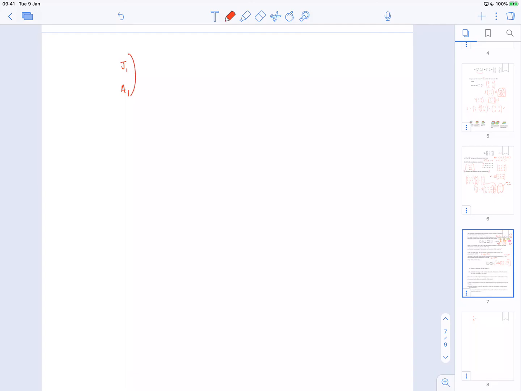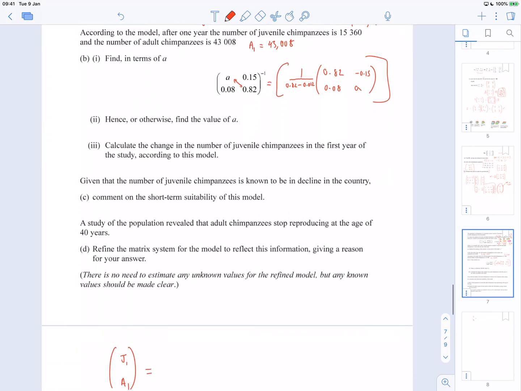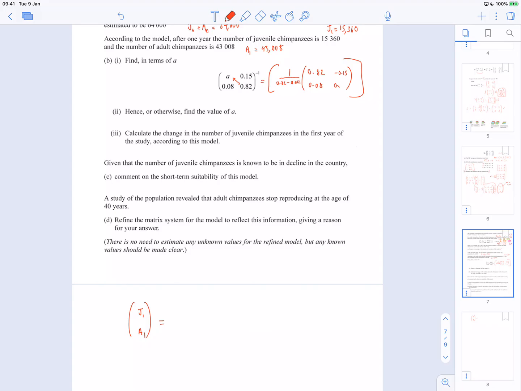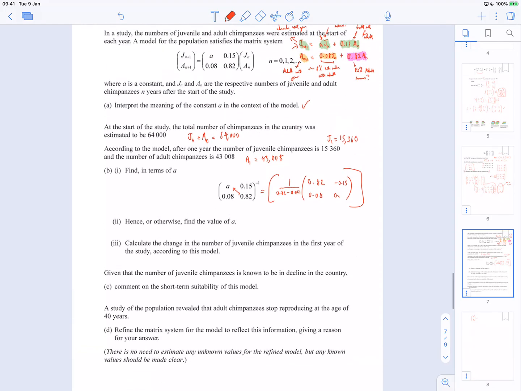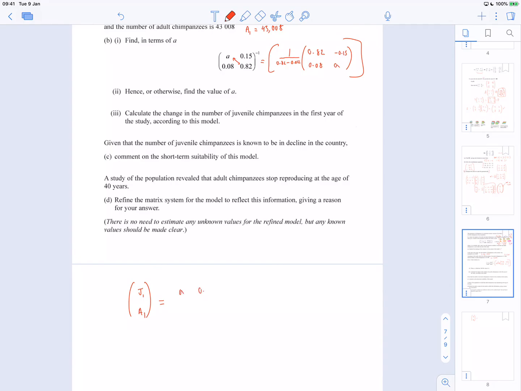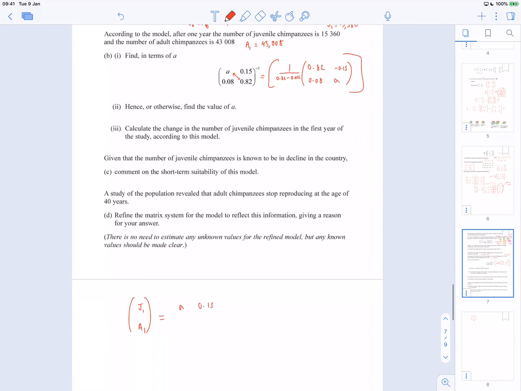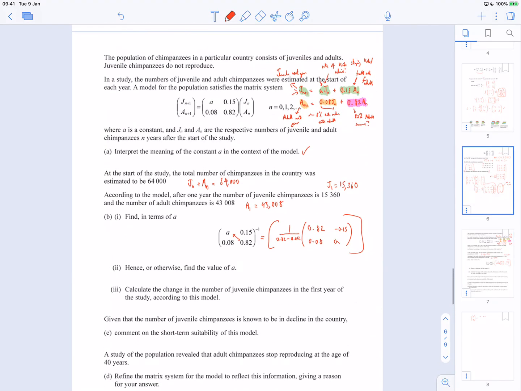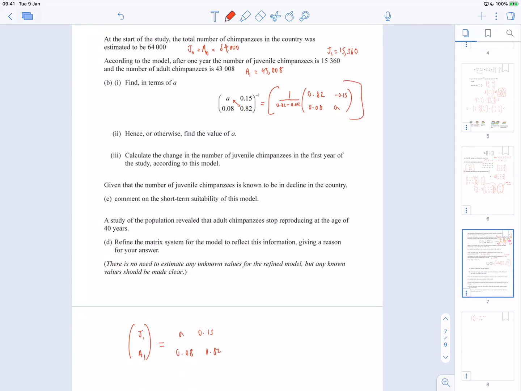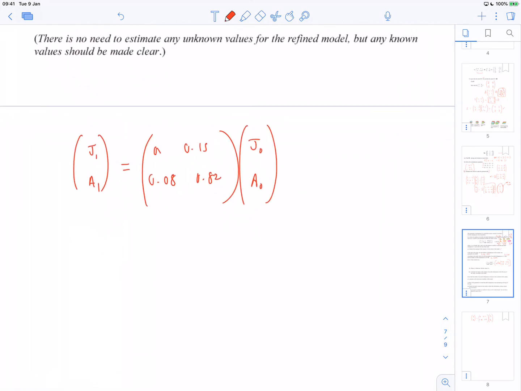I know what these two things are, that's fine. And I've got the matrix A, 0.15, 0.08, 0.82, and this is times J0, A0.